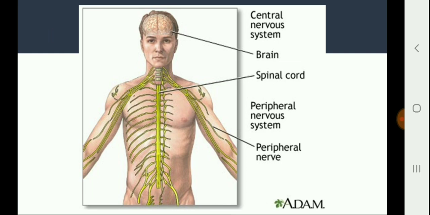So this is our George. When I say George, I just mean our random drawing that we do to show the part of the body where this system is located.